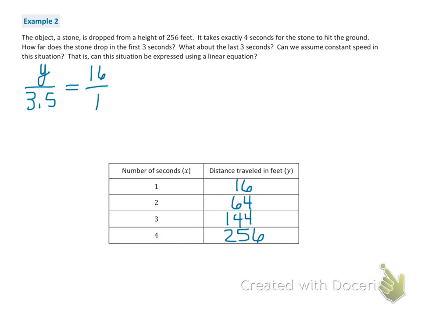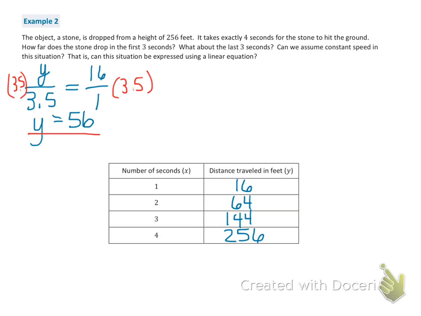So we could solve for y by multiplying both sides by 3.5. And we would get that the distance y would be equal to 3.5 times 16, which would be 56. Okay, so using that model for prediction, we get that in 3.5 seconds, the distance traveled would be 56 feet.